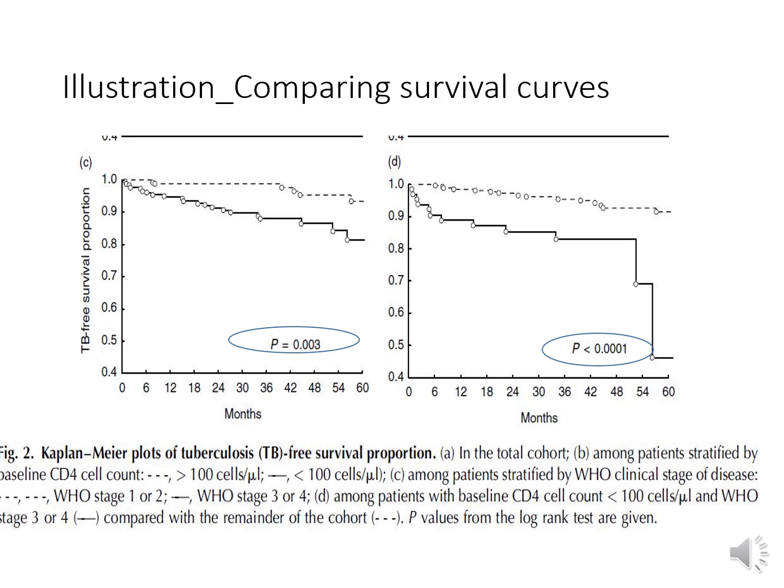This slide provides a visual illustration of comparing survival curves. This is a group of patients, and we are following them up to see how many will remain TB-free, so this is TB-free survival.